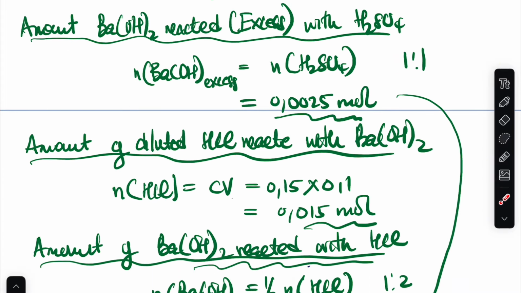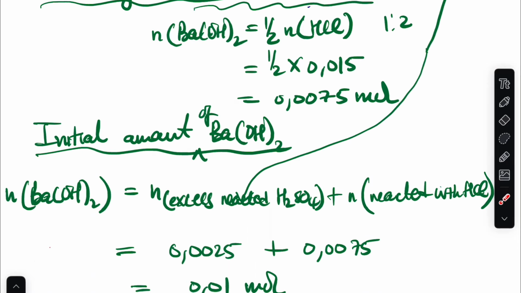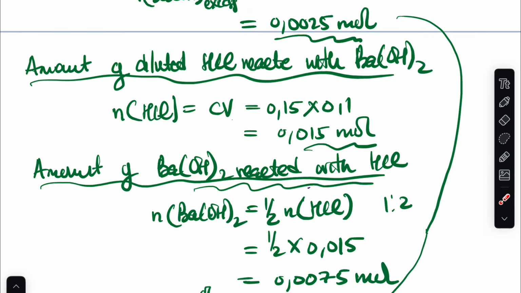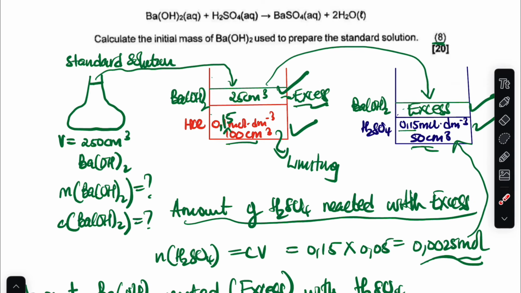So what are we going to do now? We're going to calculate this number of moles in terms of the 25, because this number of moles was taken from here, and its volume was 25 cubic centimeter. So I'm going to use this volume and the initial number of moles and get the concentration.